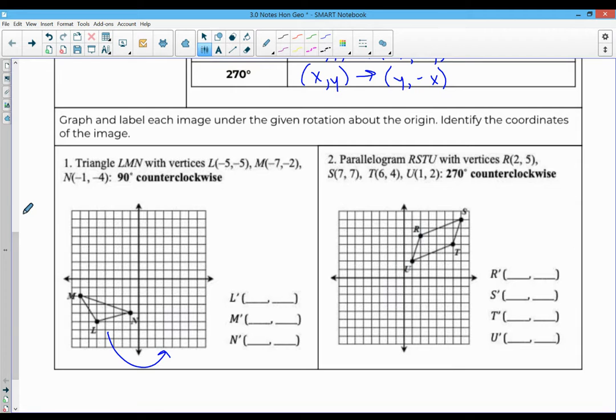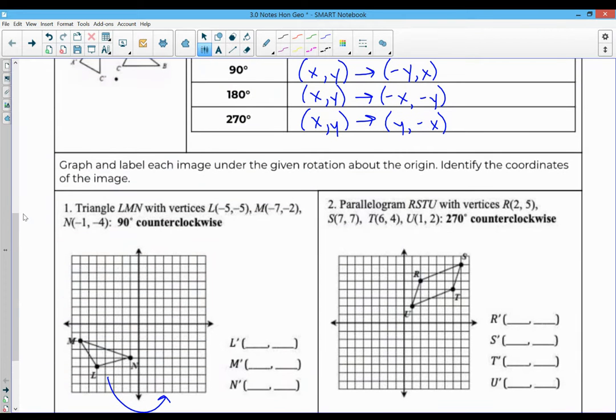Since I'm rotating 90 degrees counterclockwise, my rule is (x, y) becomes (-y, x). I'm going to apply that rule to all three of these vertices. My y value goes first and the sign changes.